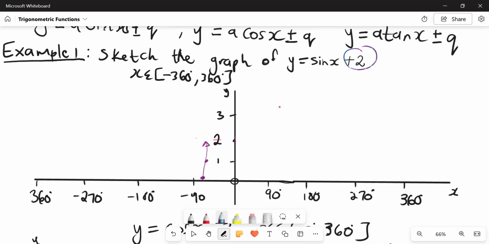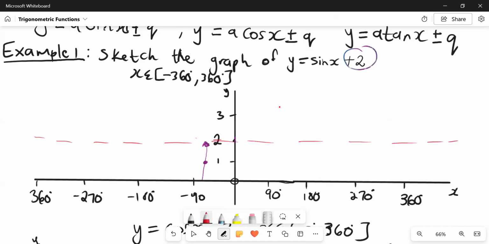It's 1 and 2, right? 2 units up. I'd like to call it a new origin, which will now be at 2, not at 0, because of the shift.